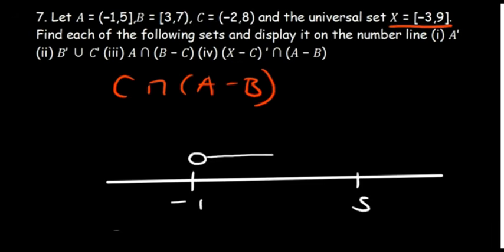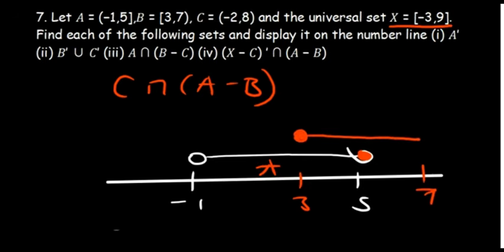That is our A, and 5 is part of A, so we shade it. Then our B is moving from 3 to somewhere 7, where 3 is part of B. So that is our B.